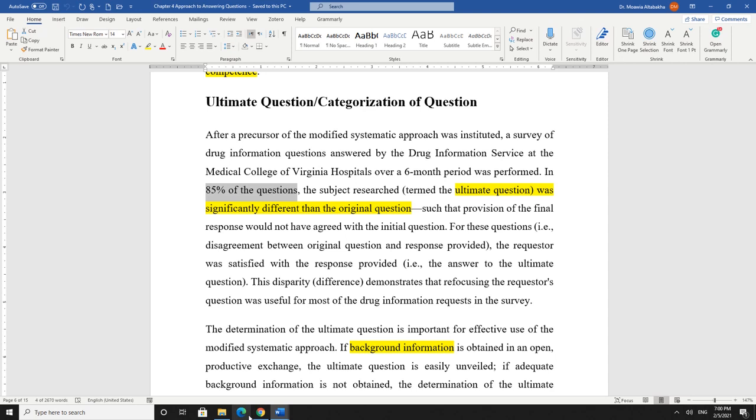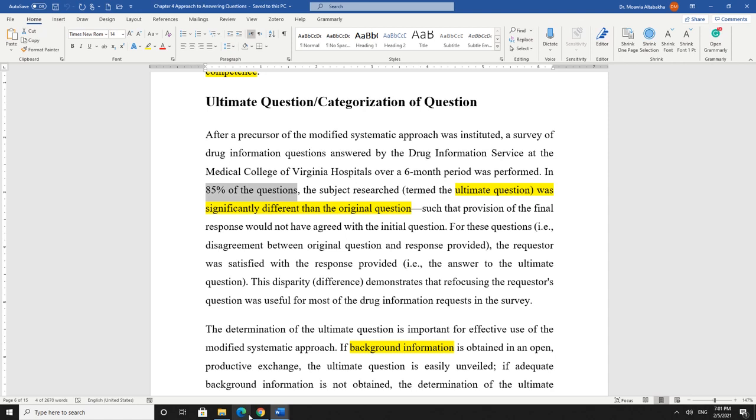How should be my diet if I have diabetes, for example, is different than if cinnamon will control the blood glucose level. Or maybe the ultimate question is, what is the best medication to manage blood glucose level, which is totally different than if cinnamon will lower blood glucose level.